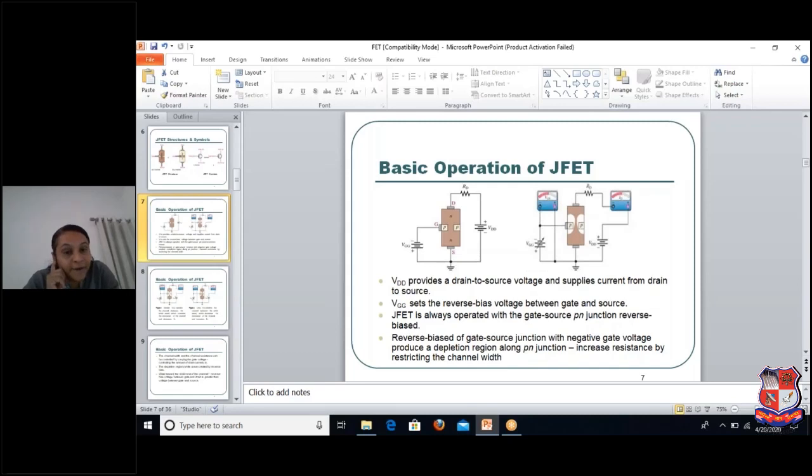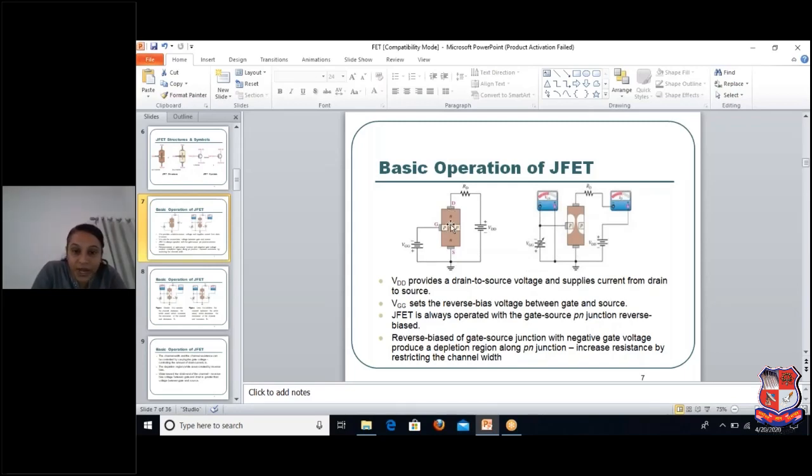What happened at that time? In an N type semiconducting material, the majority carriers are electrons. Here we will discuss the N channel, not the P channel. Okay, so the majority carriers, electrons, will flow from source to drain.